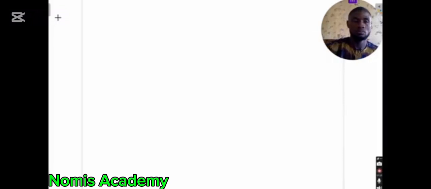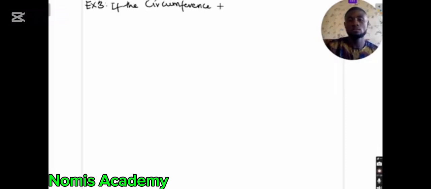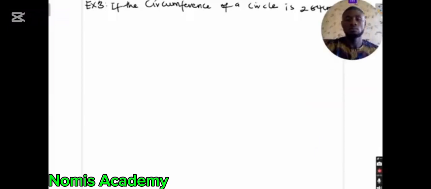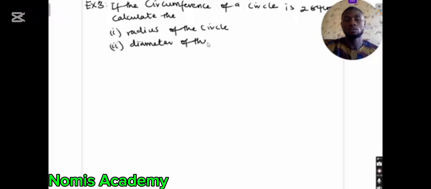Example number 3 says, if the circumference of a circle is 264 centimeter, calculate, Roman figure 1, the radius of the circle, and Roman figure 2, the diameter of the circle.